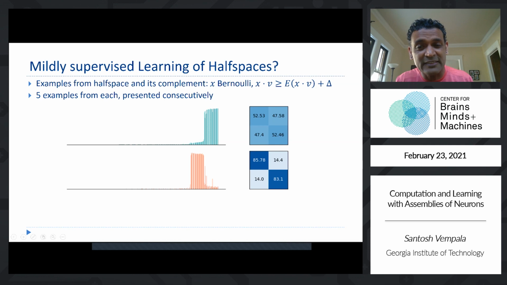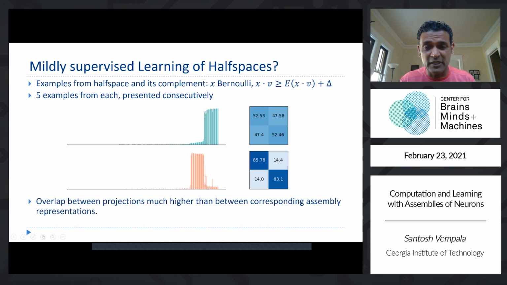This is assembly for the negative examples. And if you look at the overlap matrix, indeed, these are just Boolean n-dimensional coordinates with about k ones that just have a bias in one direction. The overlap is almost the same within and outside. But once you projected, created this exact same process, one presentation, 5 examples at a time, you get this much more amplified separation between these corresponding assemblies.